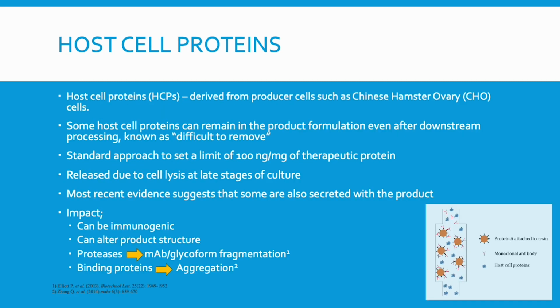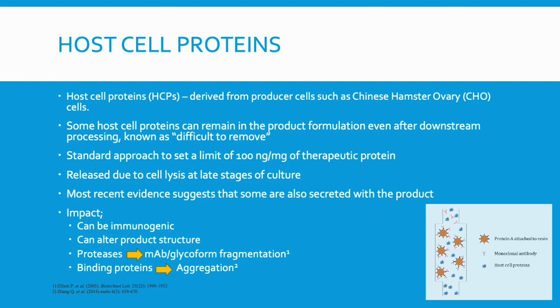Among these impurities are the host cell proteins. These are the native proteins released from the CHO cells throughout the cell culture duration, the majority at the late stage due to cell lysis upon cell death. They also can be secreted with the product.